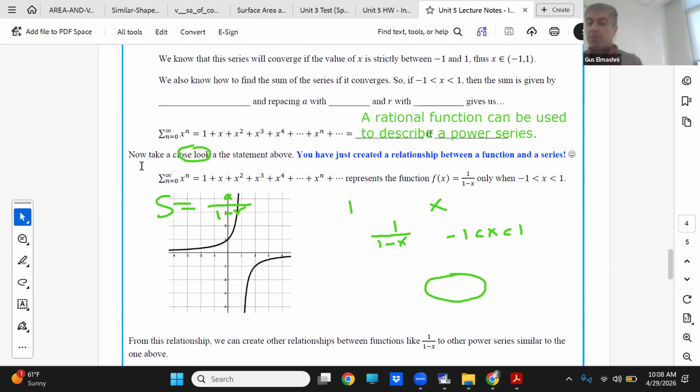We're only going to focus on this particular power series: 1, x, x squared, x cubed, x to the fourth, and so forth. There are a whole bunch of power series to see, and you will have to somehow connect them to a function, doing calculus stuff like derivatives and antiderivatives. It helps if you convert this, and the conversion is easy to see because you know it's geometric. I just replace a with 1 and r with x.